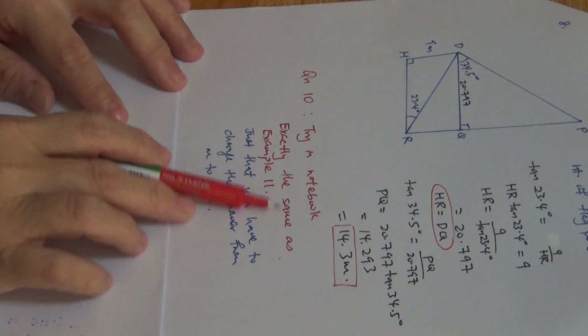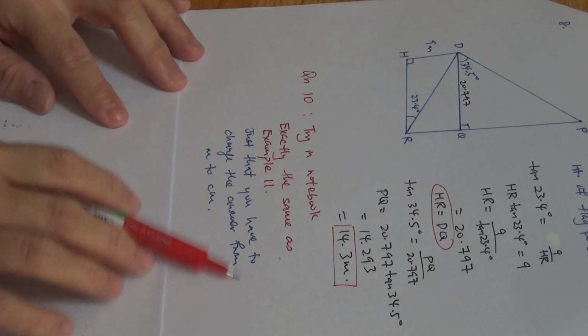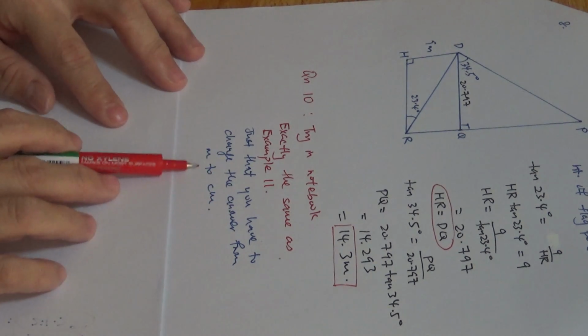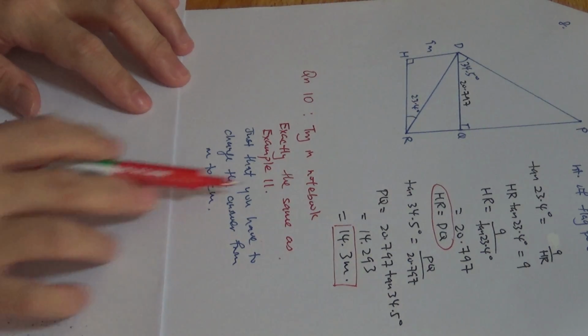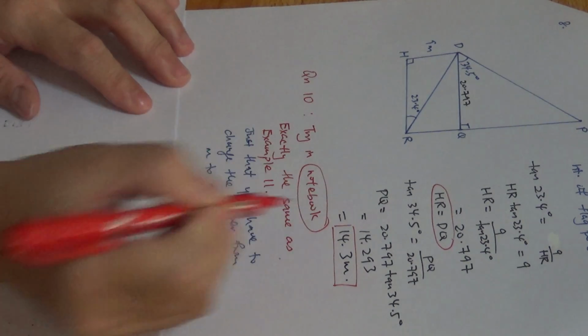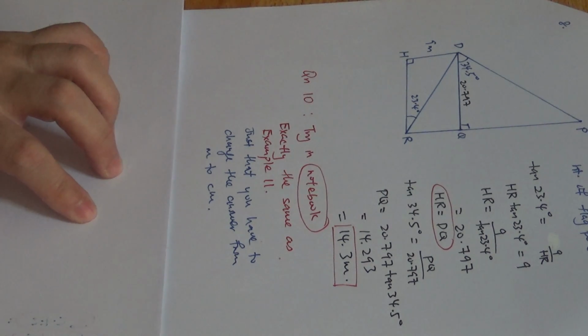It's exactly the same as example 11, that one that talks about the height of the window, but just take note that you have to change the answer from meter to cm as required by the question. Try and get the answer, because it's actually very similar to example 11, just that the dimensions are changed.